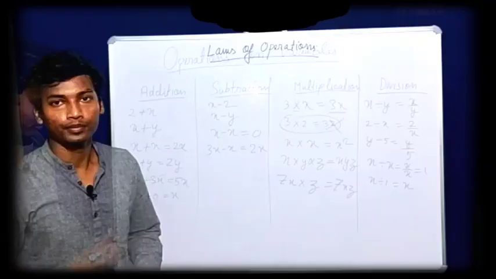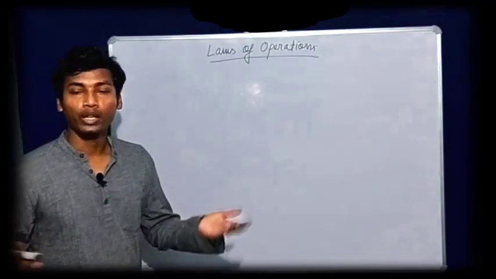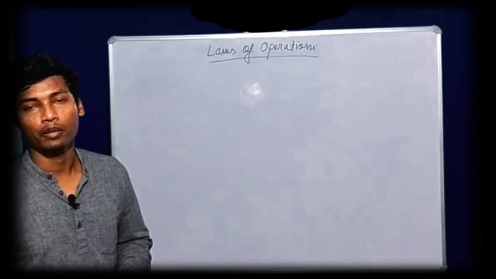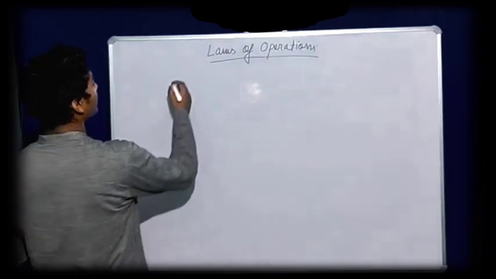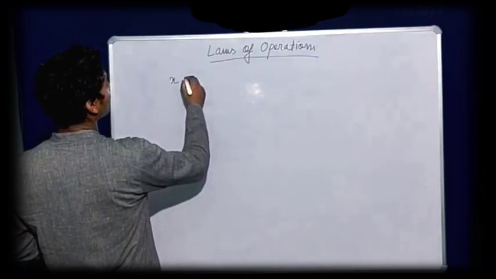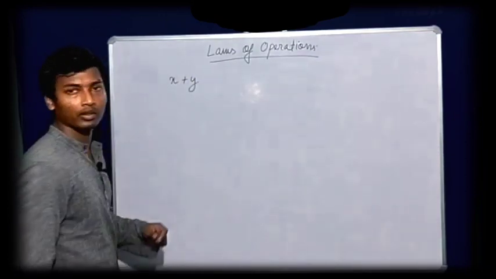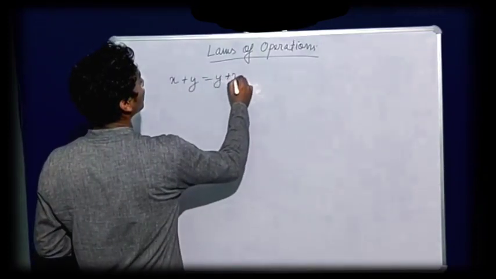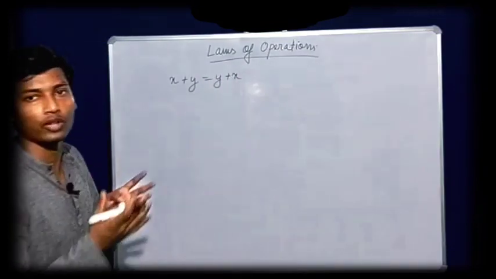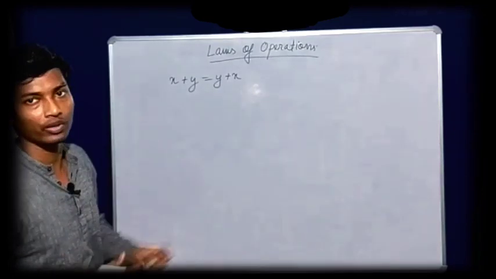Anything divided by 1 will give you the same variable or the same number. Like any number, we can apply the laws of addition and multiplication on variables. Let's say x plus y can also be written as y plus x. It means 2 plus 3 and 3 plus 2 mean the same thing.